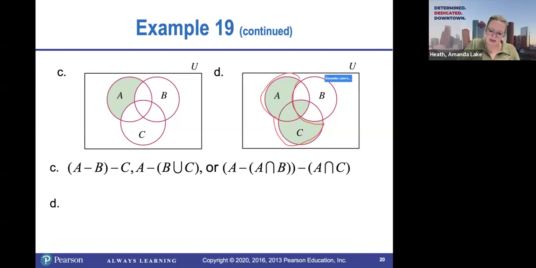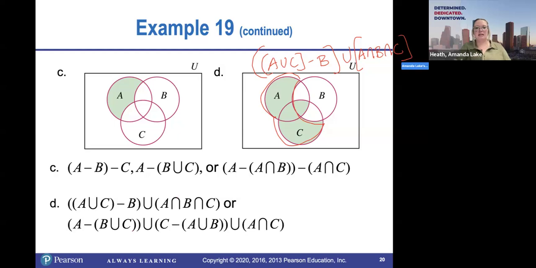So that would be A union C minus B. And then I would need to union the intersection of all three, A intersect B intersect C. So that's one way you could write this. And I think they have that as the first way. Yeah. And then they give us another way we could think about it as well.